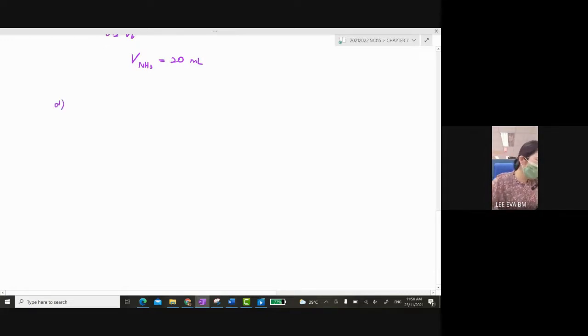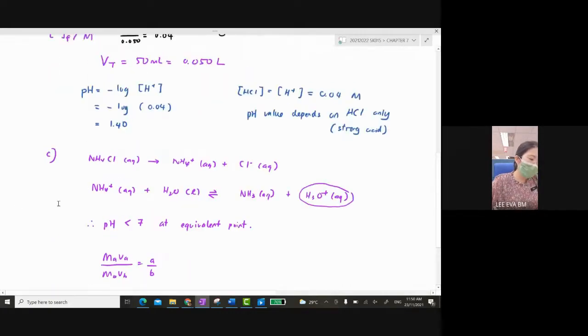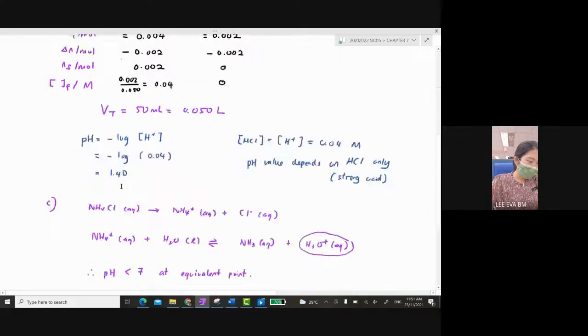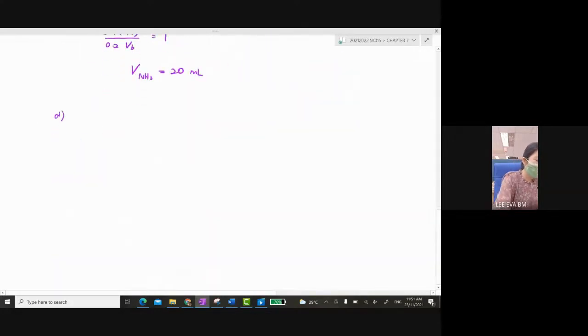Then we proceed to part D. What does question D ask? pH of the solution after adding 55 milliliter of NH3. So now it's adding extra titrant. We will use the ice table again. I'll draw it once more. HCl reacts with your NH3 to give you NH4Cl.